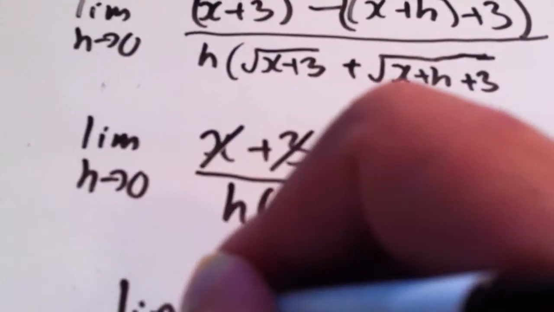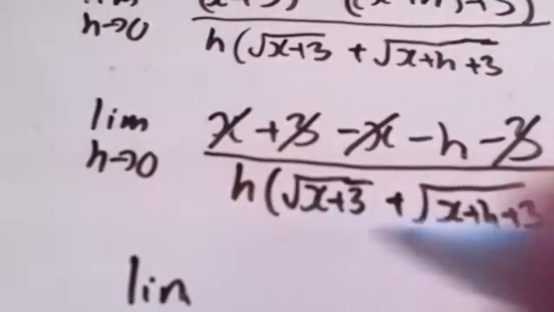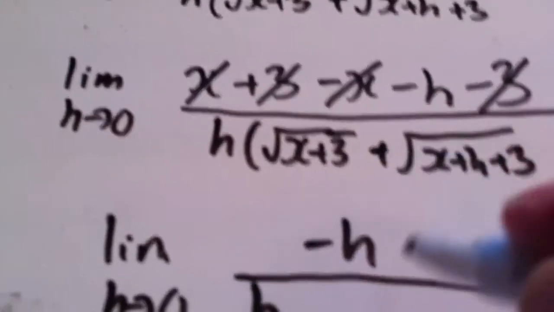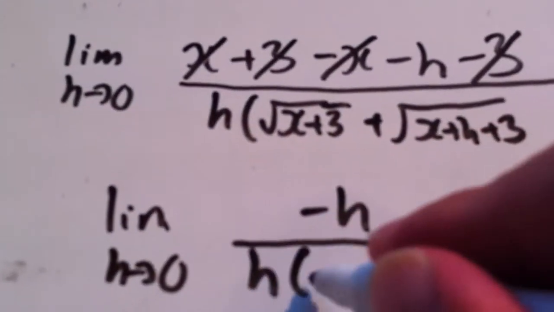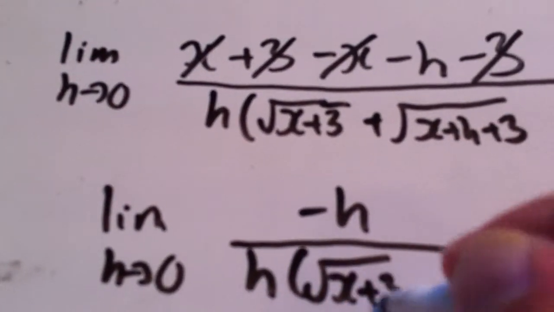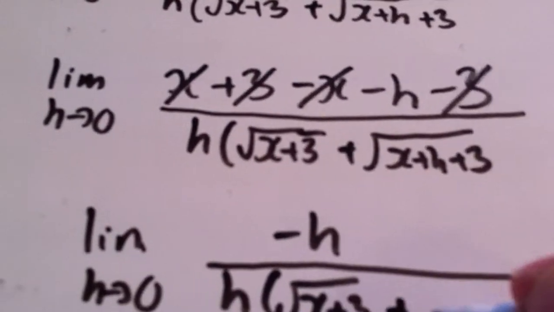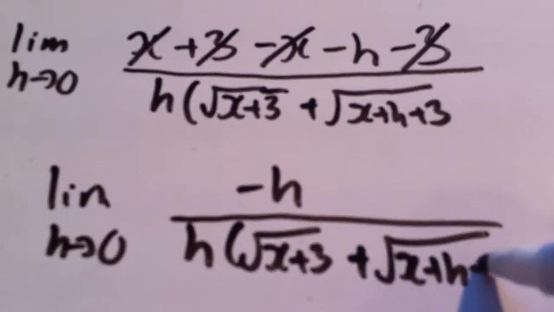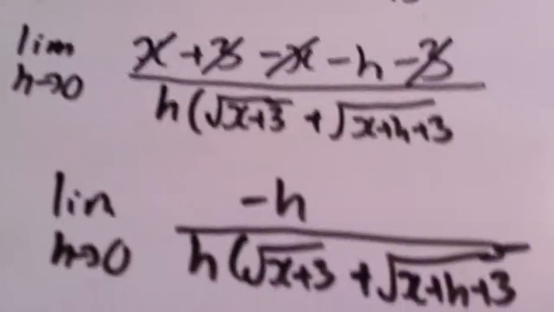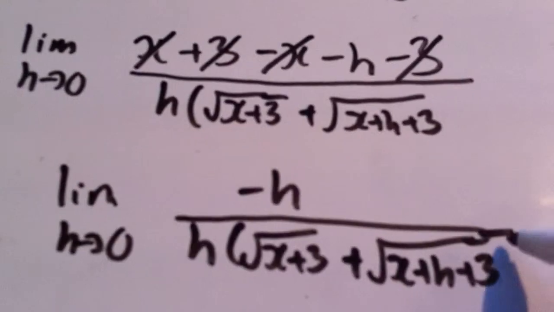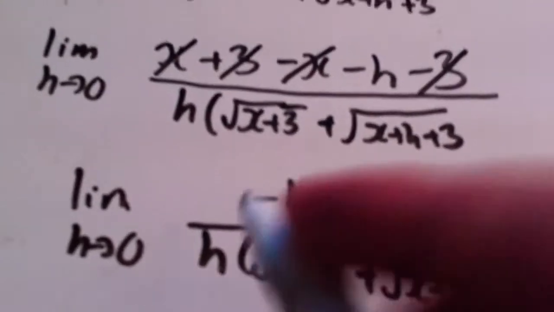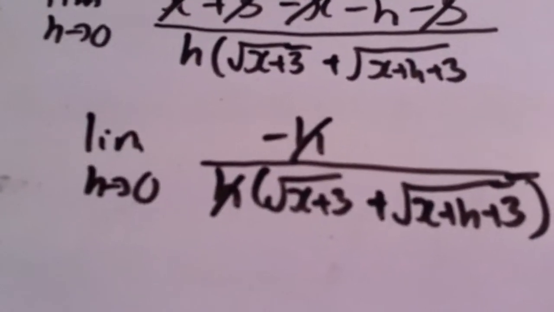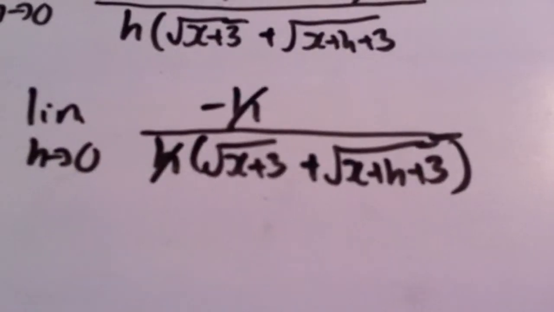So if we write it out, limit as h approaches 0 of negative h over h times root of x plus 3 plus root of x plus h plus 3. Alright, since this is multiplying here, h times that, this h and that h can cancel each other out, or divide each other out.